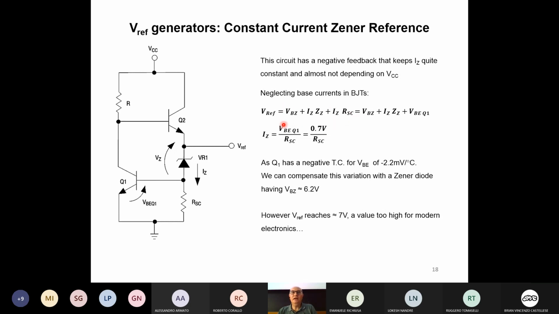All those three terms are giving the output voltage. Well, I can also say that it is equal to VBZ plus IZ ZZ plus the voltage across RSC is 0.7, VBE of Q1 must be 0.7. Okay, so that's the formula if the circuit works. Now what I can try to see is if the system is able to keep a constant current to the Zener diode.